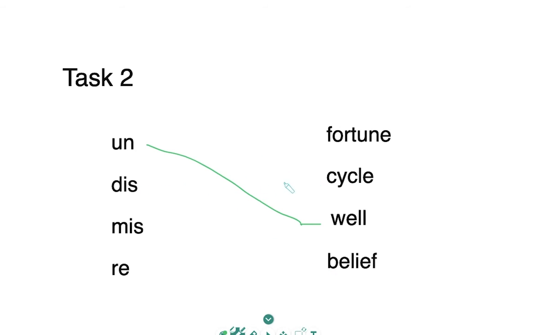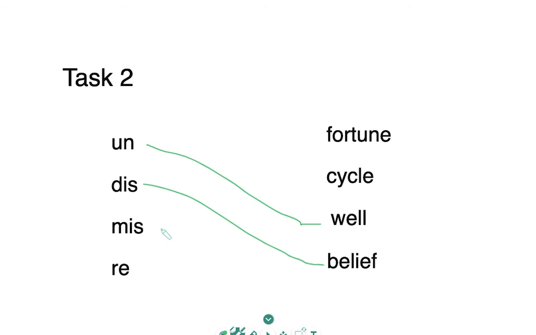Disfortune, discycle, or disbelief. We know that disbelief matches. Disbelief kind of means not to believe. If someone stared in disbelief, it means that they're absolutely shocked and they can't believe what they're seeing.